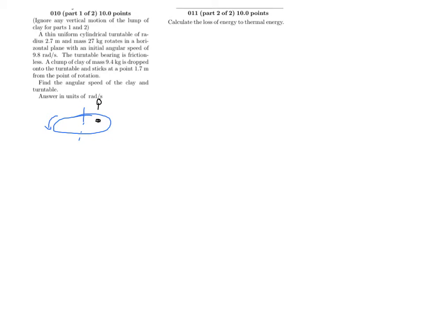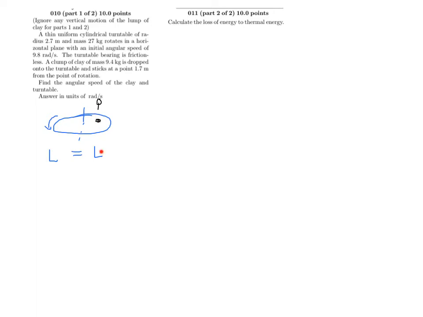Now, what I should expect is that now that more mass is spinning, it should spin slower. But what I know is that my angular momentum before is going to equal my angular momentum afterwards. Beforehand, all I have spinning is the turntable. Afterwards, I've got a new angular momentum. It's going to be the turntable and the clay. So they're both spinning.